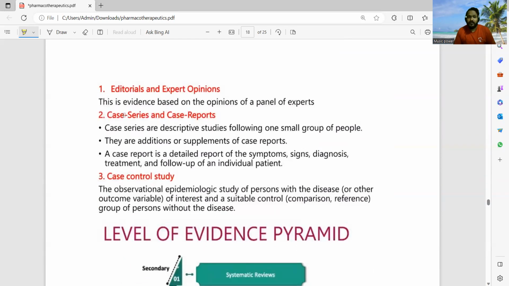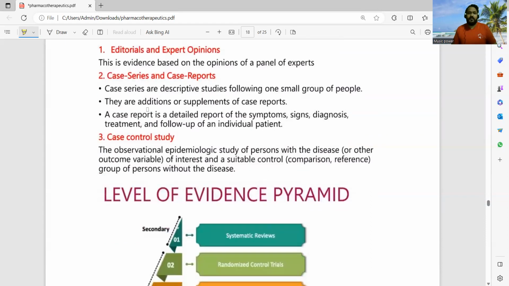Editorial and expert opinion. This is evidence based on the opinion of a panel of experts. Case series and case reports. Case series are descriptive studies following one small group of people, and they are additional supplements to case studies.